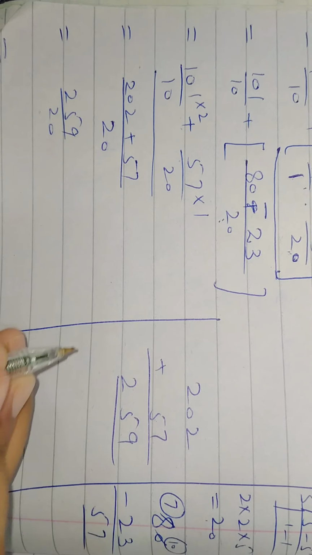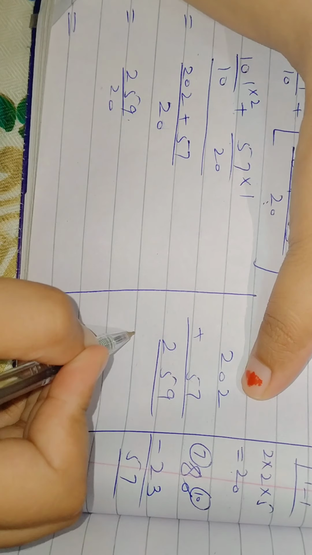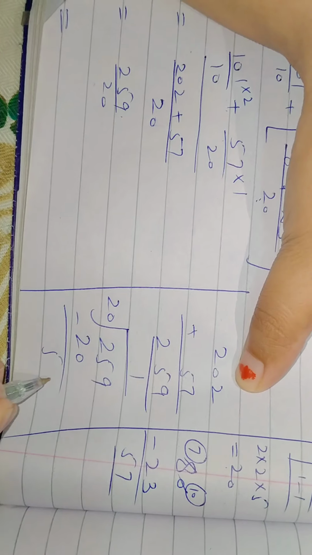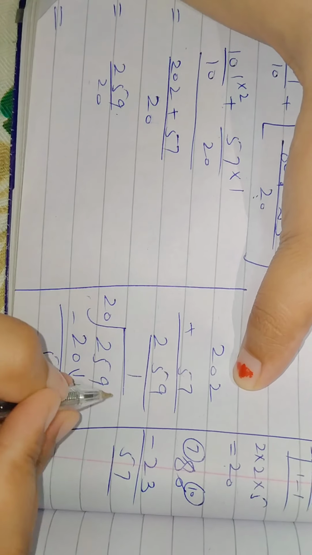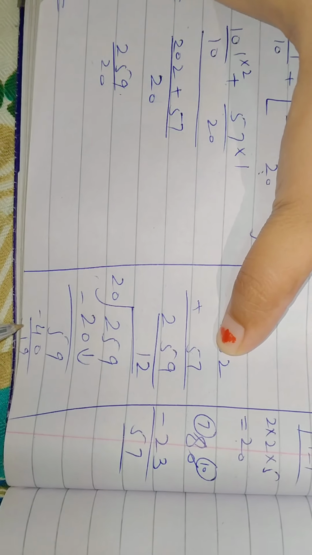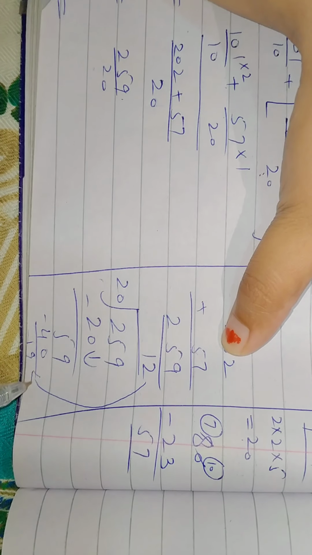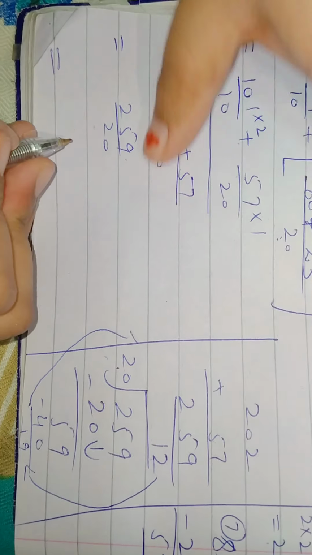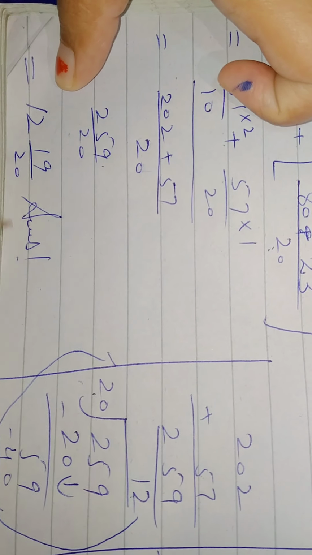This is not our final answer, because whenever the numerator is greater than the denominator, we have to divide it or convert it into a mixed number. 20 1s are 20, and then 9 comes down. 20 2s are 40. Remainder is 19. How are we going to write this? We draw an arrow like this. 12 whole 19 by 20, and this is our answer.